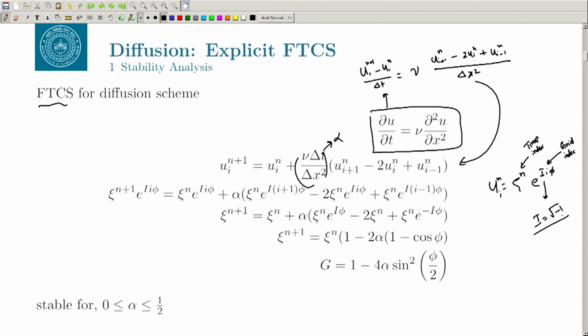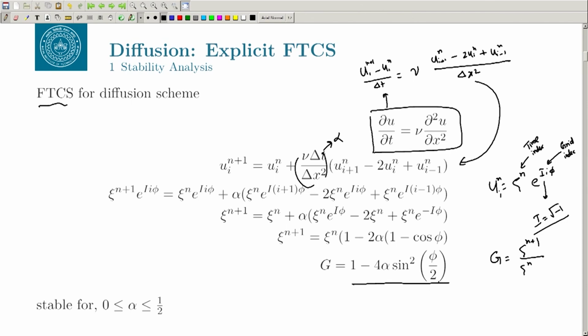So, you can use this form, and finally what we want is the amplification factor G, which is given by g to the power n plus 1 by g to the power n. Once you do that and rearrange, you will find our amplification factor value like this.